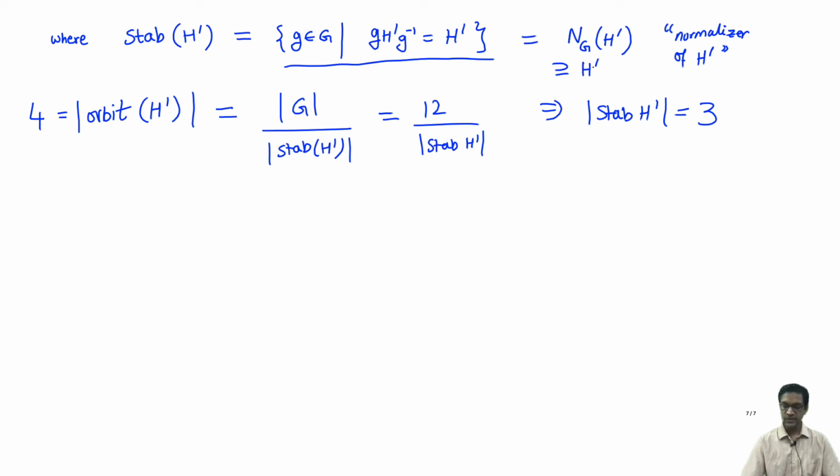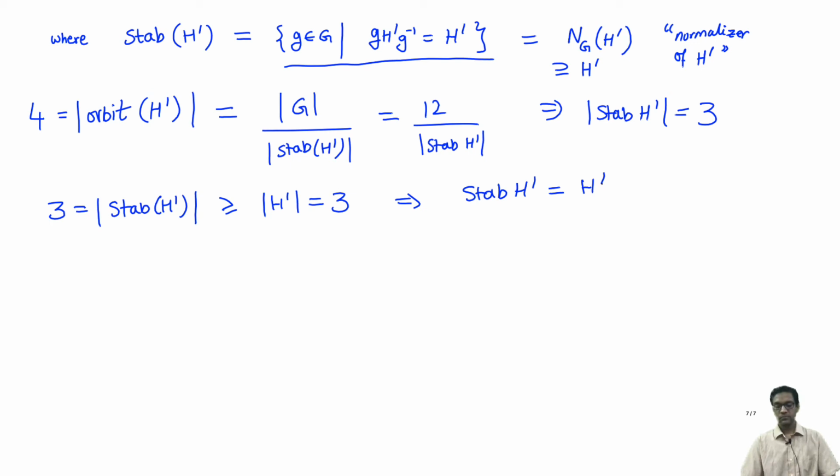Now the subgroup of course has cardinality 3 as well. So what does this say? We have just concluded that the stabilizer of H prime has cardinality 3, but on the other hand the stabilizer contains the original subgroup H prime whose cardinality is also 3. So what's the conclusion? This can only happen if the stabilizer is H prime itself. So for any 3 Sylow subgroup, its normalizer is itself, or the stabilizer for the conjugation action.